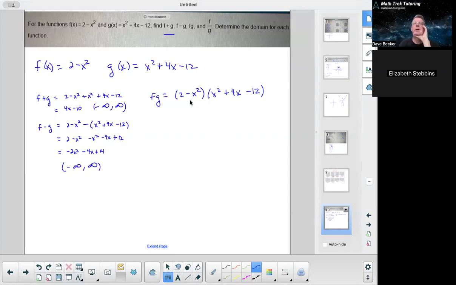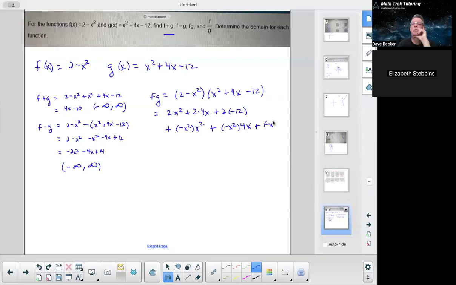So here, this is where you have to take everything in the first times everything in the second. See what I'm doing?